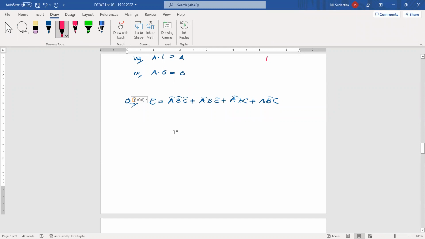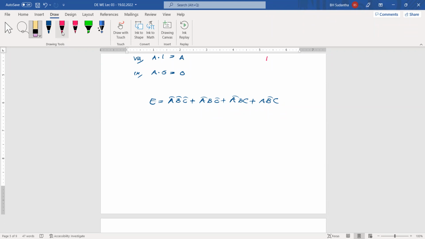Okay, this is the equation we had. It's coming from question 2. Now this is the equation we are having.